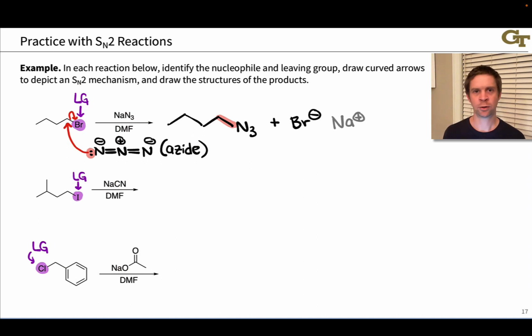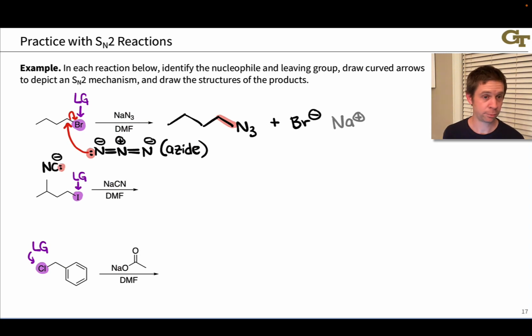In the second case here, we again want to separate that sodium cyanide into Na+, which is completely inert, and the cyanide anion, which is the active nucleophile here. Carbon, being less electronegative than nitrogen, is going to be the nucleophilic atom within cyanide.